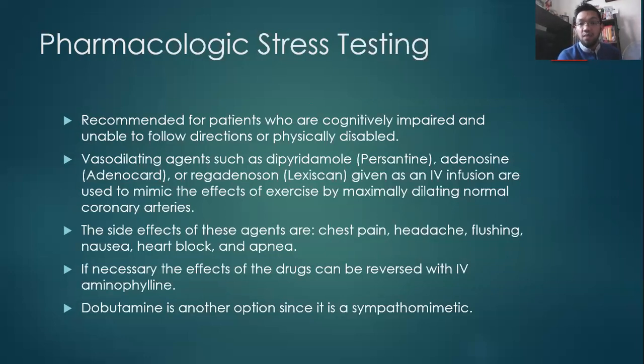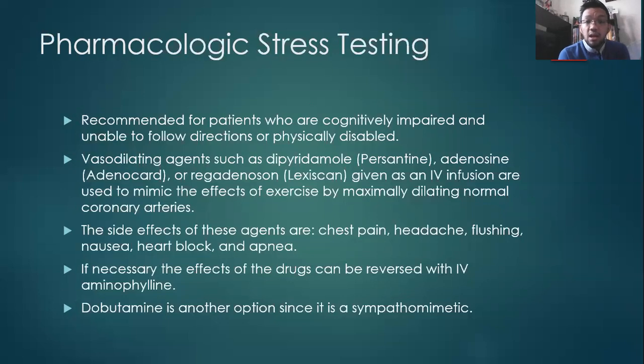So they are vasodilating agents. And the side effects of these agents are chest pain, headache, flushing, so you expect the patient to appear red. There's also nausea, heart block, and apnea. So we need to inform the patient about the side effects as well.